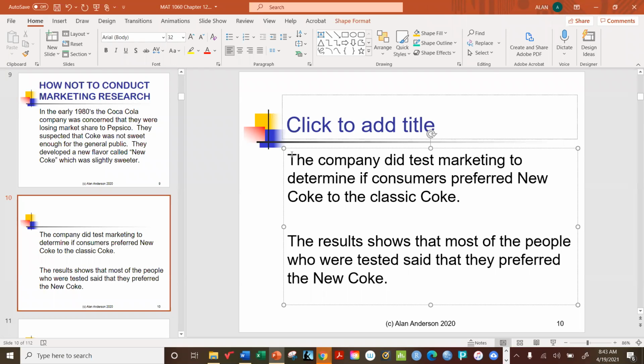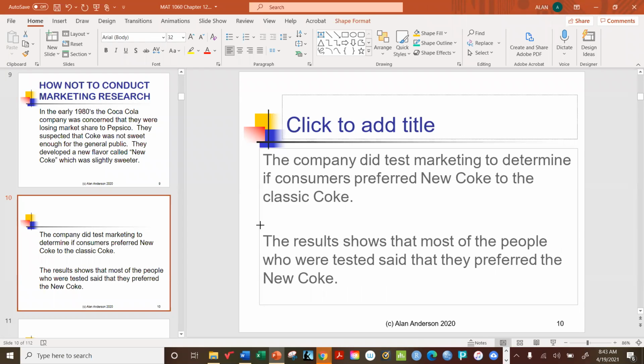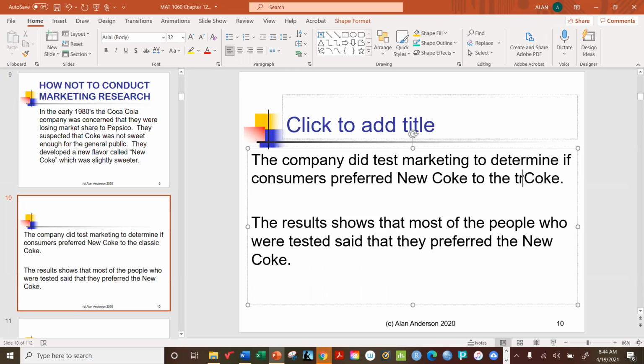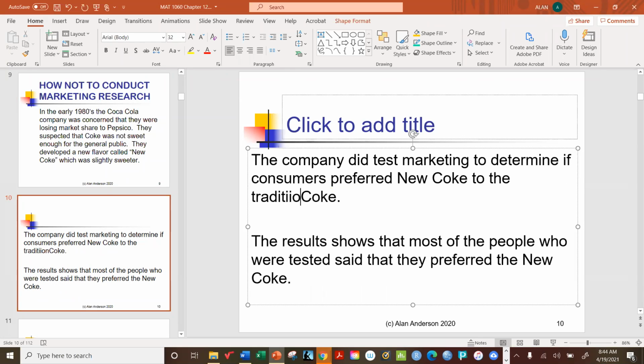In other words, they're trying to find out if the slightly sweeter version was something that people preferred to the traditional Coke. All right. Most people said, yeah, sure, we like the New Coke a little bit better than the existing one.